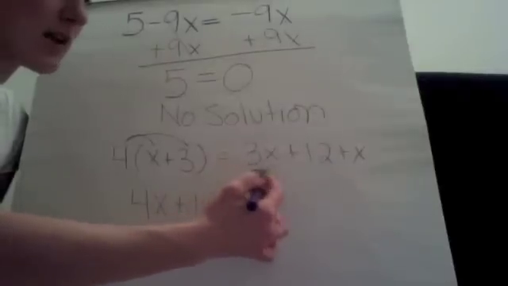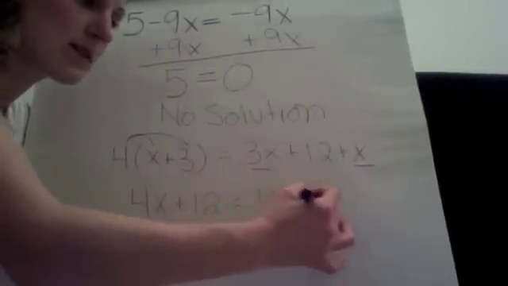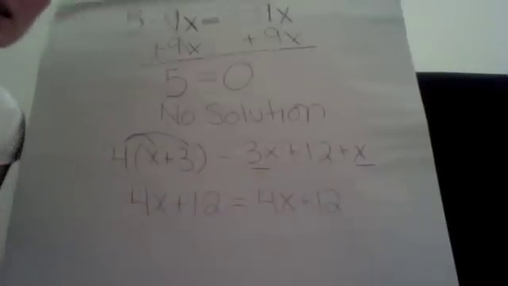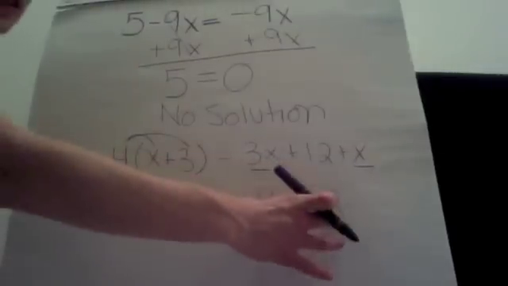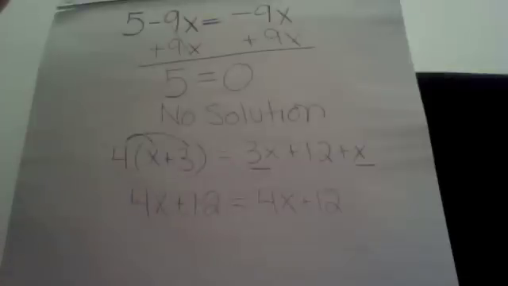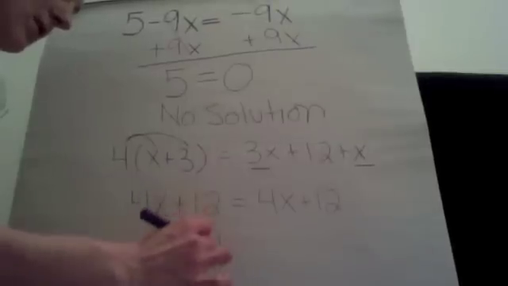And over here I can combine the 3x and the x to get 4x plus 12. Now, in this one, you have the same exact values on each side, right? So the answer can be any number.